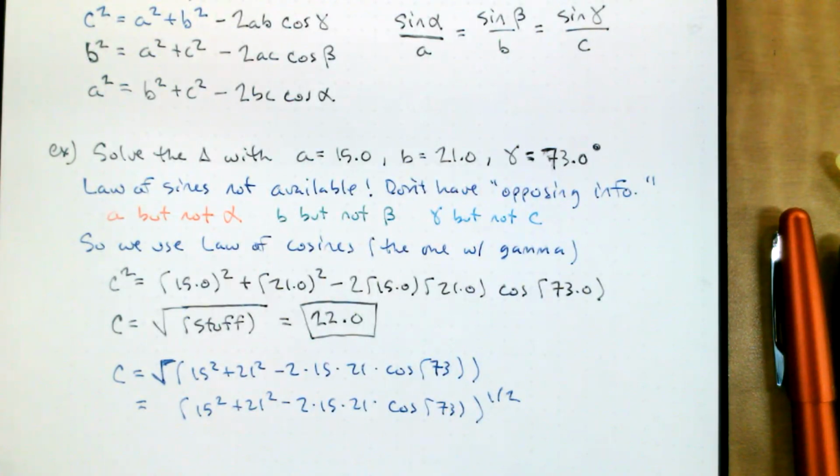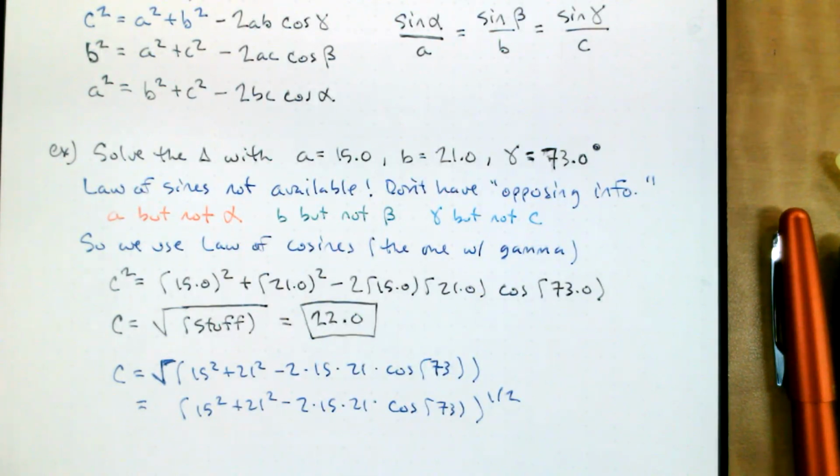So our decision about which law to use was not up to us. The given information said you can only use the law of cosines. Once we have a fourth piece of information, we can switch to the law of sines, because if we have 4 pieces of information, we definitely have some opposite information.